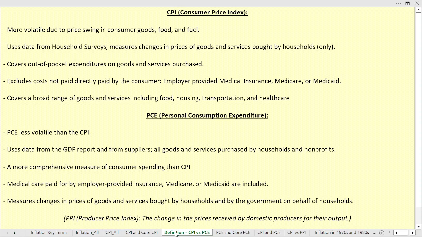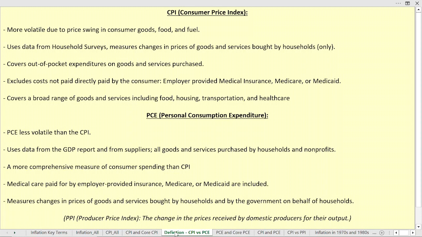Now, costs like Medicare, Medicaid, and employer-based insurance policies are included in the PCE, not in the CPI. And the changes for goods and services purchased by households, and also the costs borne by governments when they purchase goods and services on behalf of households. So any kind of benefits packages, anything like that, is included in PCE.